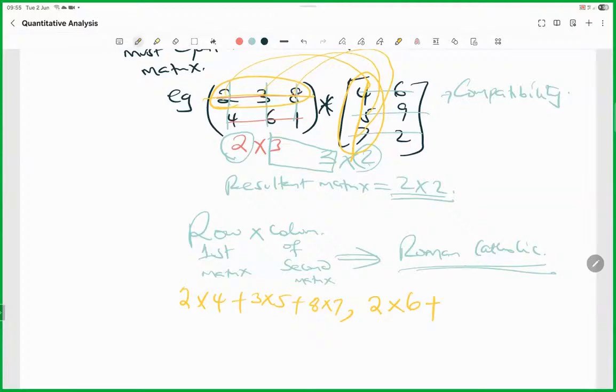So second ones, what do we have here? 3 by 9. Now multiplying this with this: 2 by 6 plus 3 by 9. Sorry, let's go back a little bit. Plus 3 times 9 plus, ladies and gentlemen, 8 times 2.